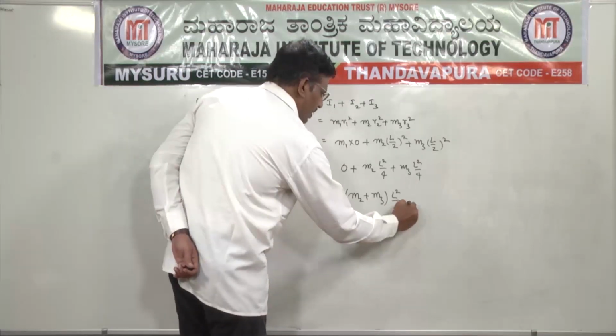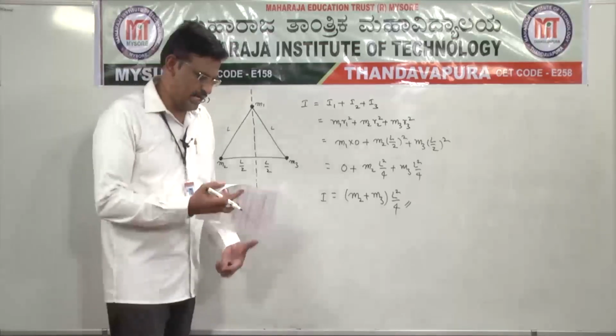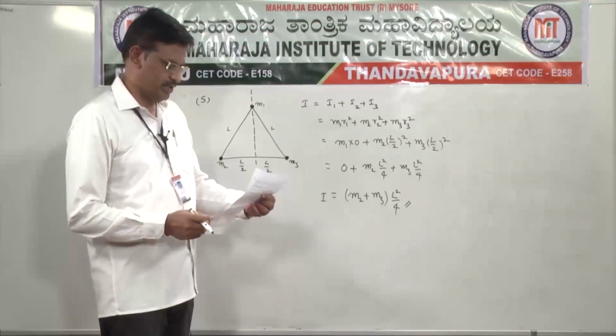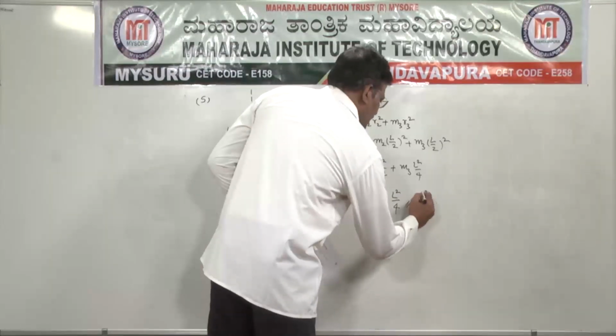This is the moment of inertia of the equilateral triangle system. So as per the options, option 4, that is D, is the right option.